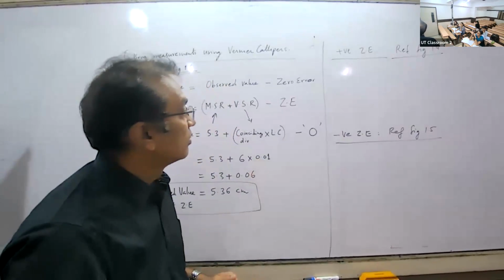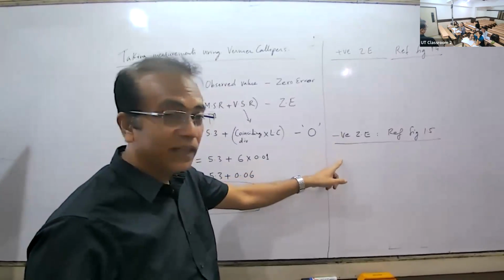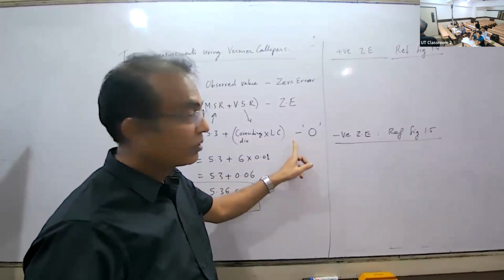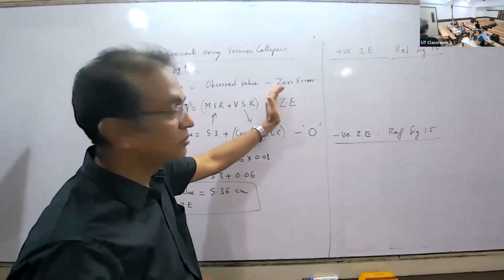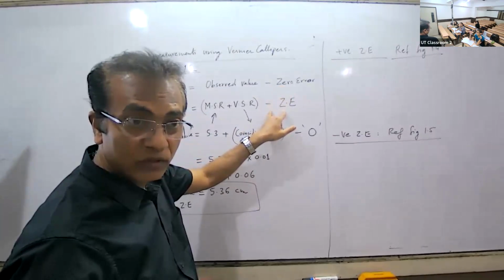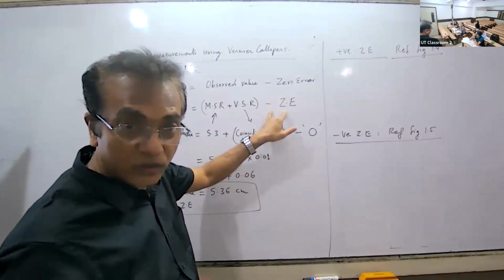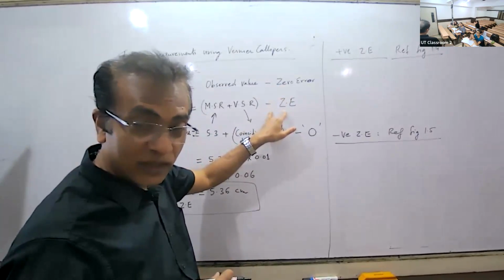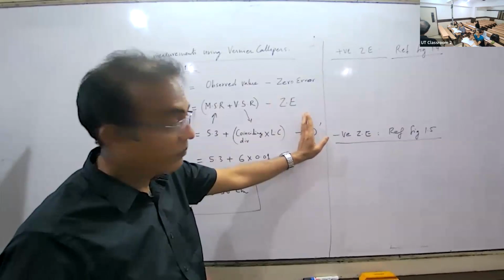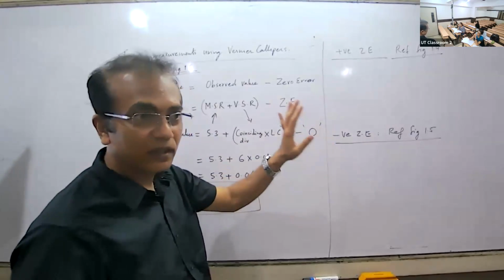But when you write the zero error, you write it with a negative sign, so the negative will get added. In the positive zero error case, the observed value is more than the actual length, so it is subtracted. In the negative case, it is always showing less than the actual length, so it has to be added.